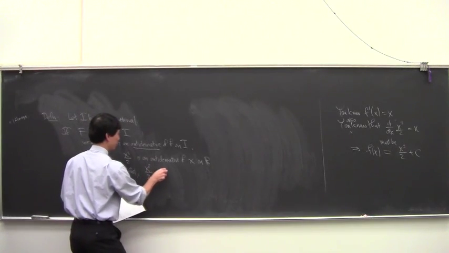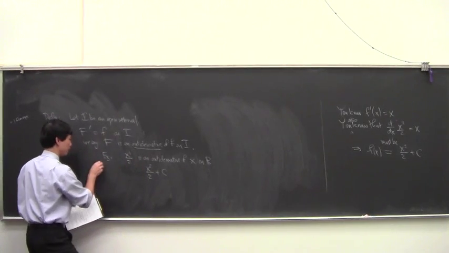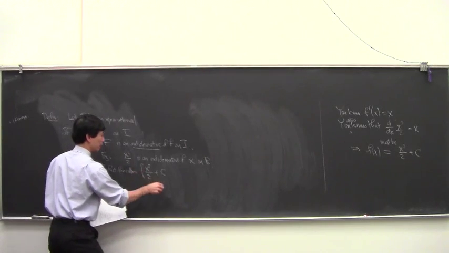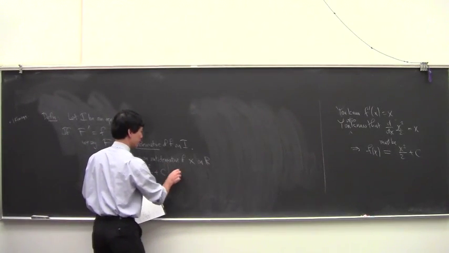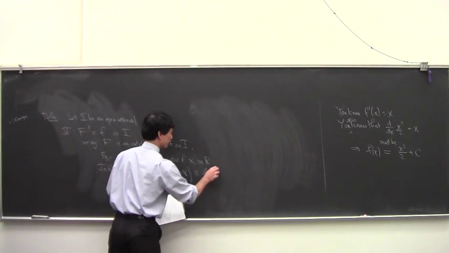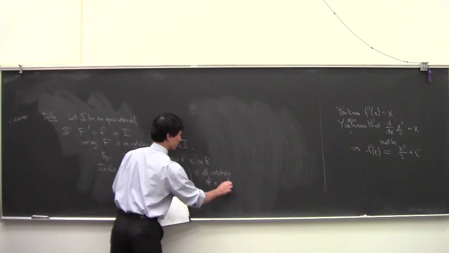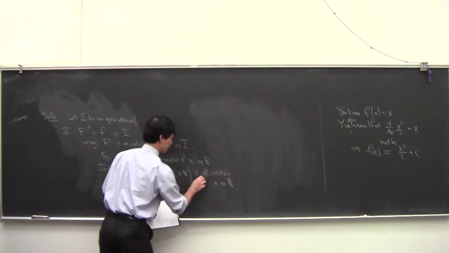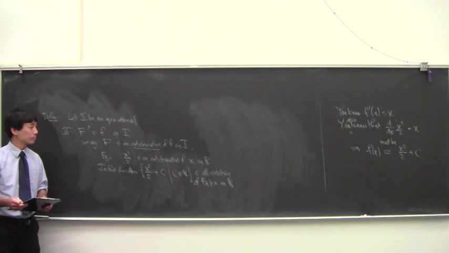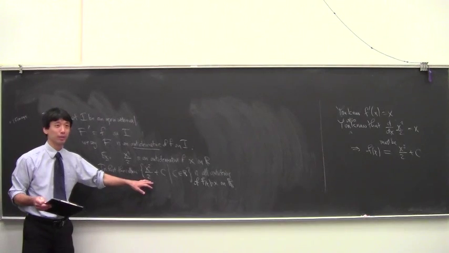In fact, the collection x squared over 2 plus c, where c can be any constant, is all antiderivatives of x on R, because of the mean value theorem.